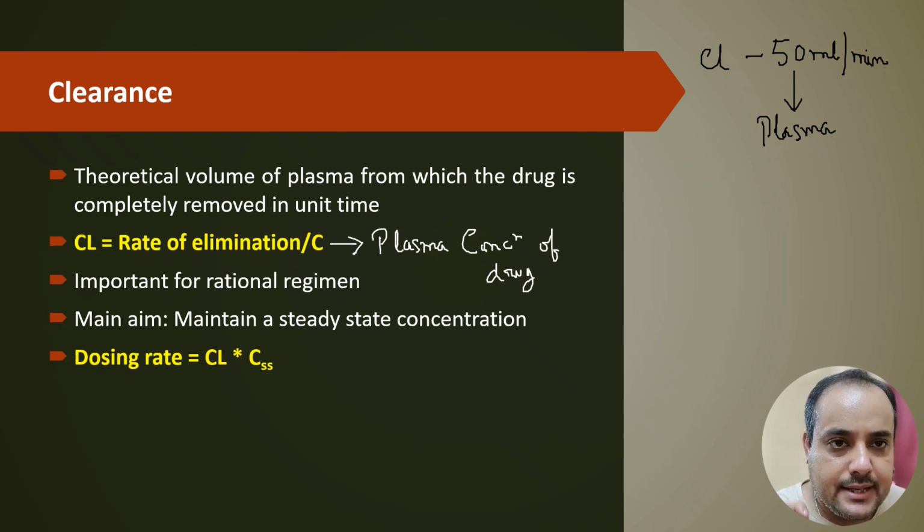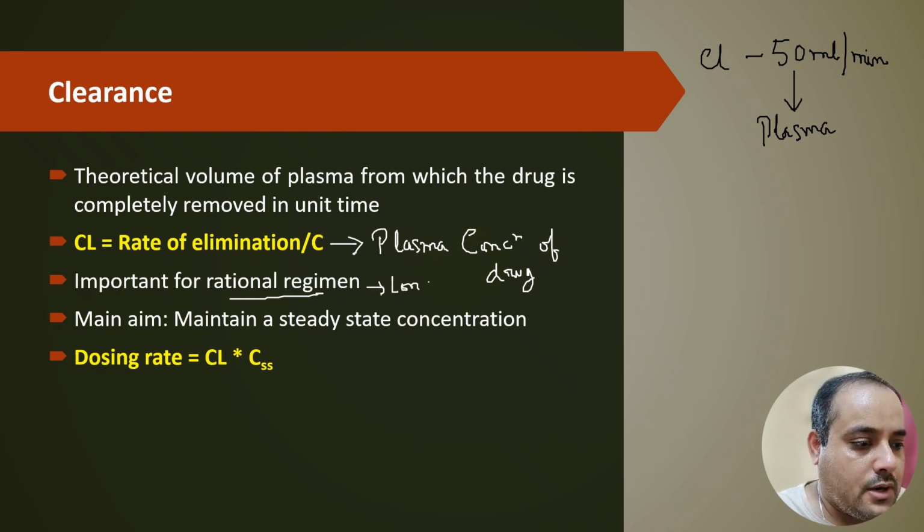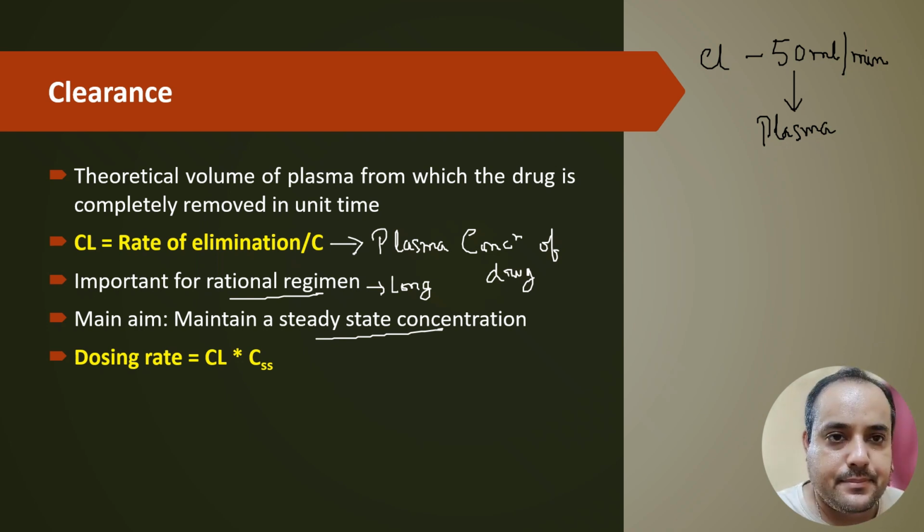The concept of clearance is very important if we want to design a rational regimen, especially if that regimen is of a longer duration, because all the clinicians want to maintain a steady state plasma concentration of the drug, so that we can get the maximum therapeutic benefit.